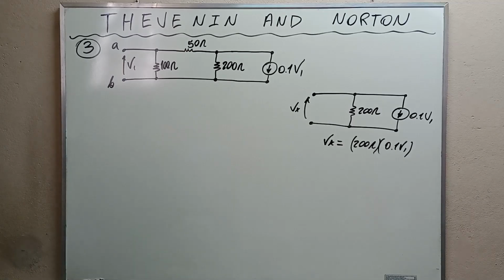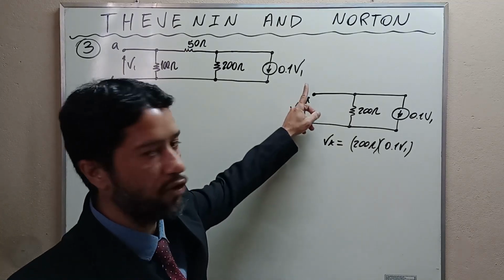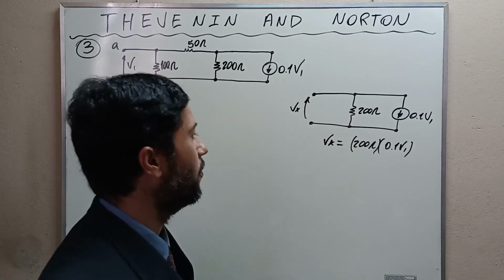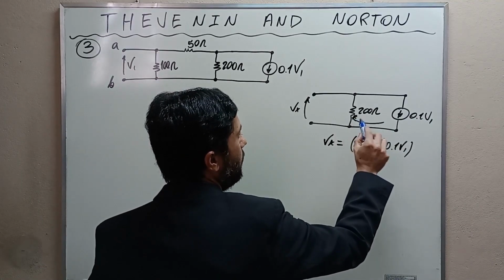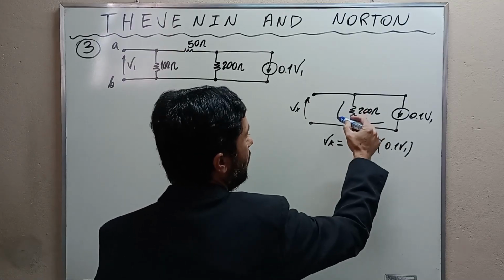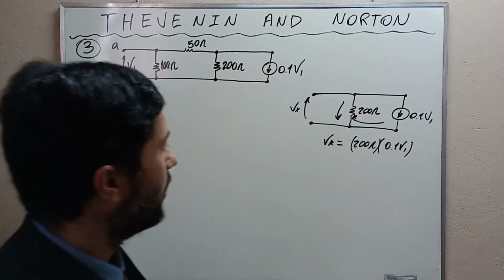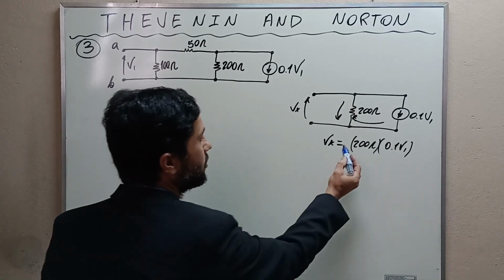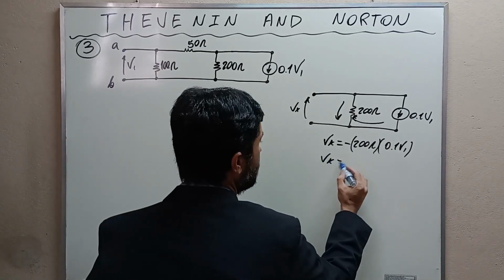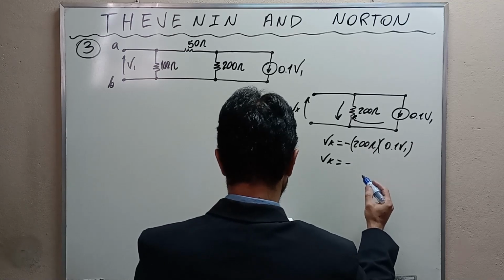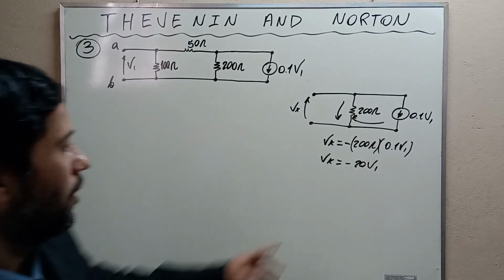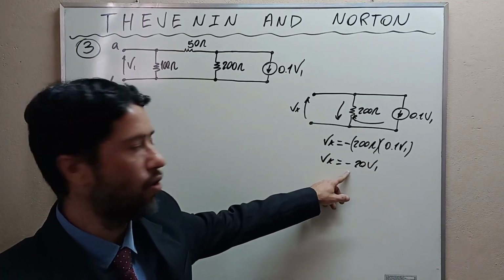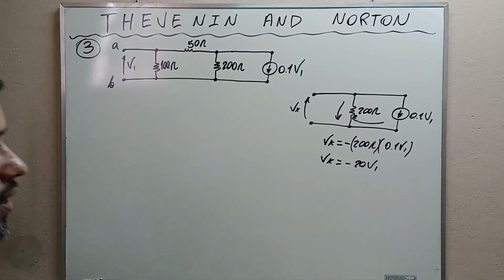But observe that Vx here is pointing upwards, but the current flows in this direction here, and it's gonna cause a voltage in this direction. That's why we have to use a negative sign here. Then Vx is equal to negative 20 V1, okay? It is going to make sense for you why I use this negative sign there, alright?